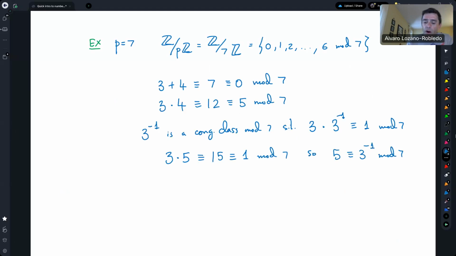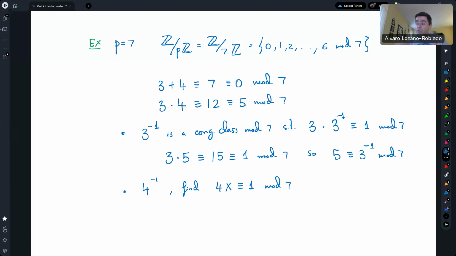What about 4? What about 4 inverse? So I'm trying to find x such that 4x is congruent to 1 modulo 7. And remember, in previous videos, we've learned how to solve these methodically.